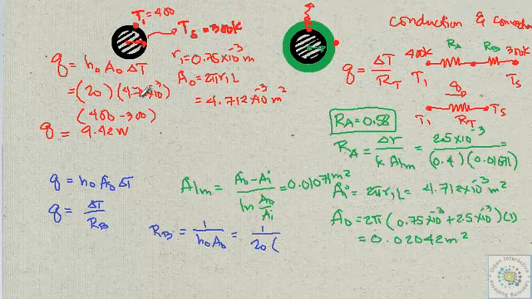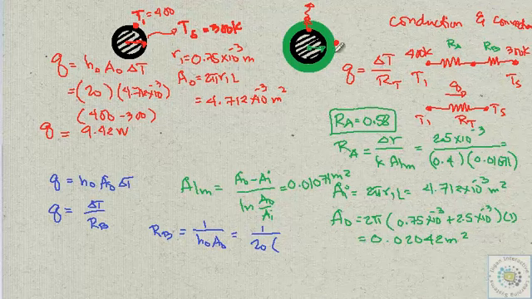In the first problem, A_o is just 4.72, but now, since we put the insulation, the outer area exposed to the air is quite bigger already. It's 0.02042. In that case, RB will be 2.4486. As you can see, the resistance offered by the added insulation is quite lower than the resistance offered by the air.